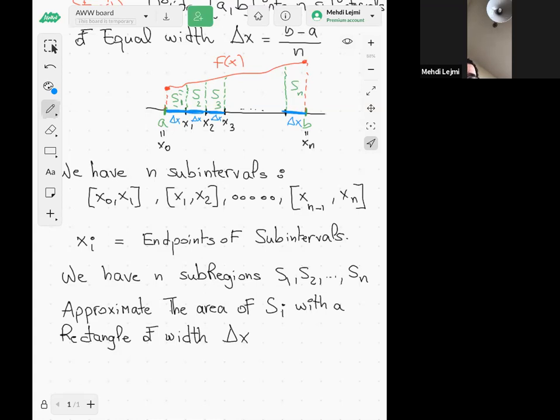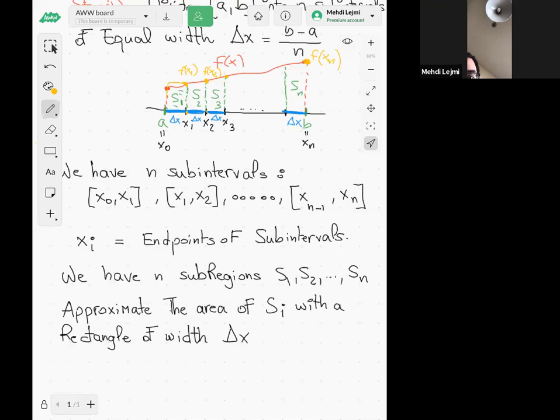So for example, here this is x1, so here this is f of x1. Here this is f of x2, f of x3, etc., and here this is f of b, or f of xn. When you multiply delta x with f of x1, you have the area of this rectangle here.